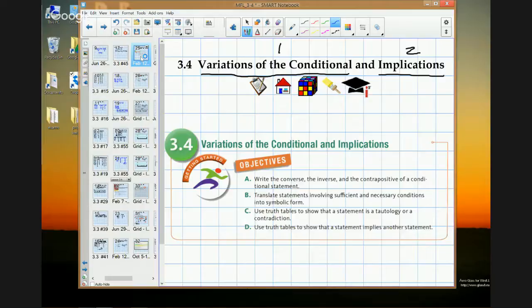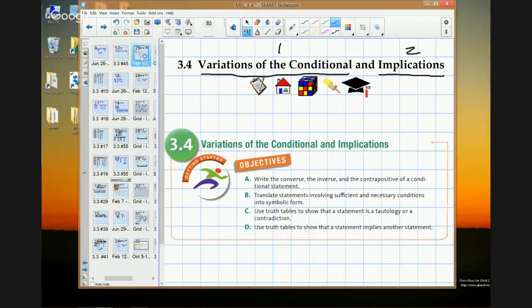It's in two parts: variations of the conditional and implications. So I literally will have to teach this lesson in two parts. First we'll do the variations of the conditional, and secondly we'll talk about implications. Like I was telling Cindy when she got on in the beginning here, there are no new rules today.